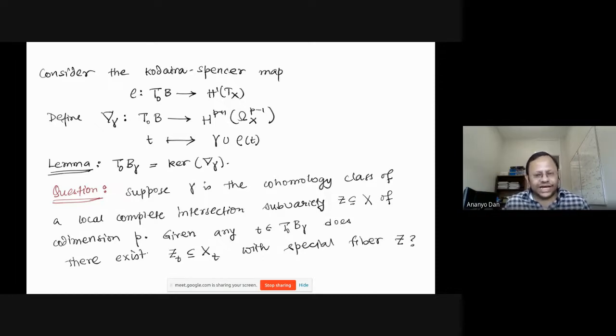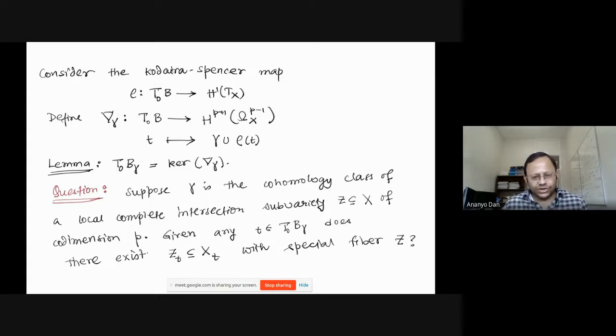Suppose I know that there is no topological obstruction. Suppose that the cohomology class of Z deforms to a Hodge class under this first order infinitesimal deformation.